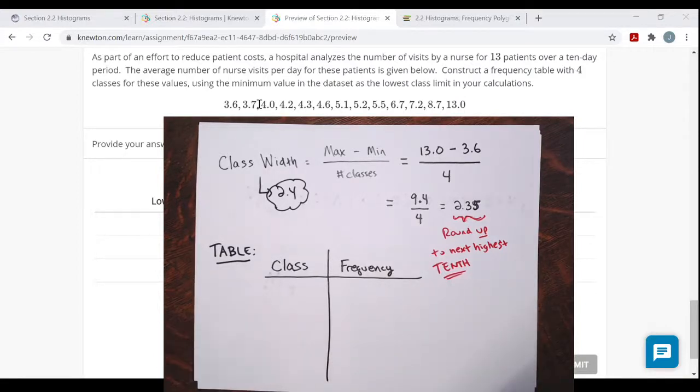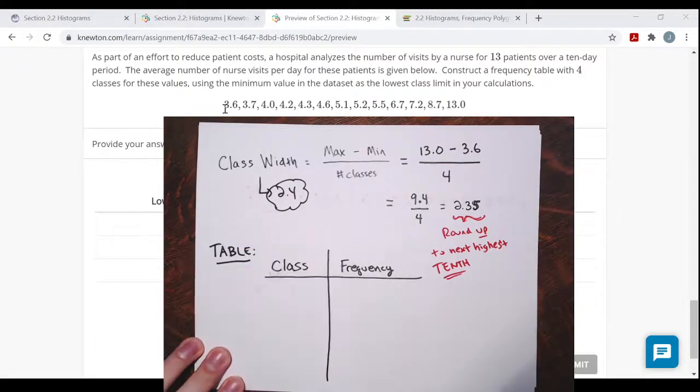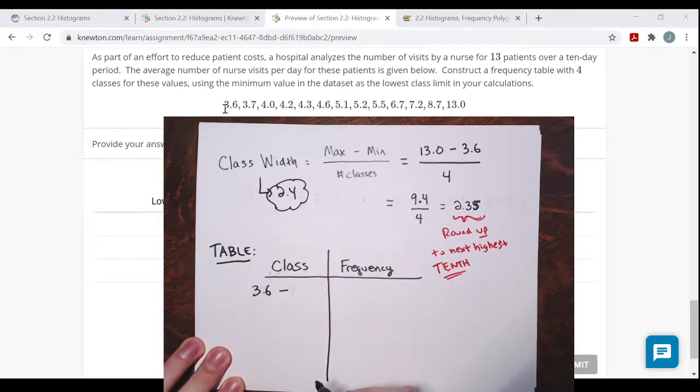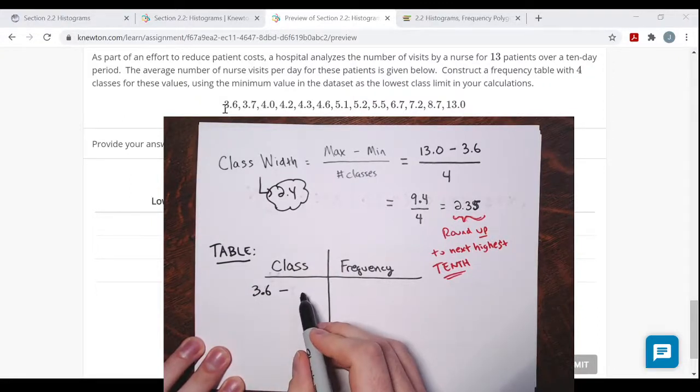First come the lower class limits, starting with the lowest value, which is 3.6. So the lower class limit for the first class is 3.6, and it's going to go from 3.6 to whatever. We'll put in the upper class limits later.